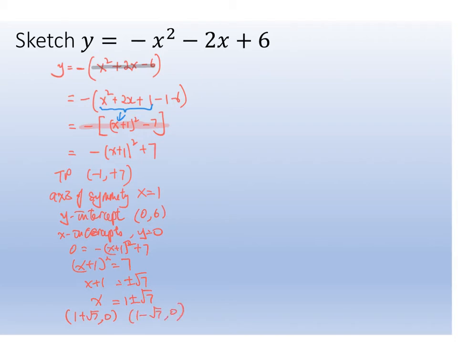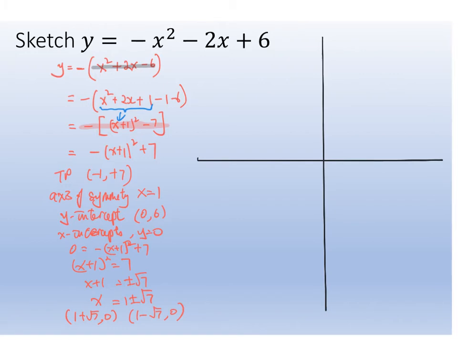Right. Sketching the graph, I'm actually just using a ruler to guide me, it looks a little bit better with a straight line. Of course, you need to do it in the exam or the test.